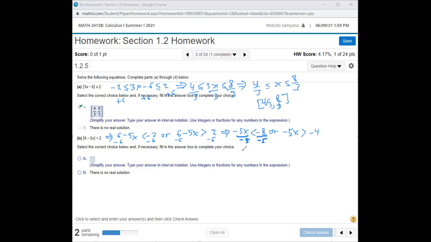So this becomes x, but you have to flip the sign. Now this one becomes 8 over 5. And the same thing for the first one, or divided by negative 5, divided by negative 5 gives you x less than 4 over 5.